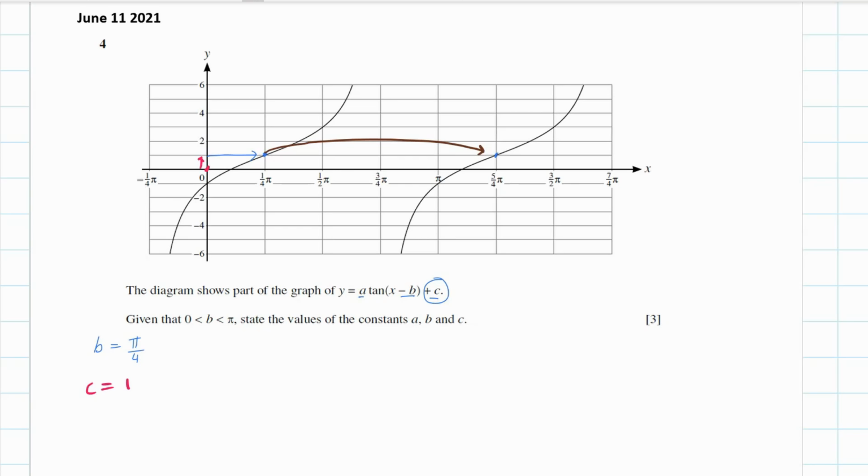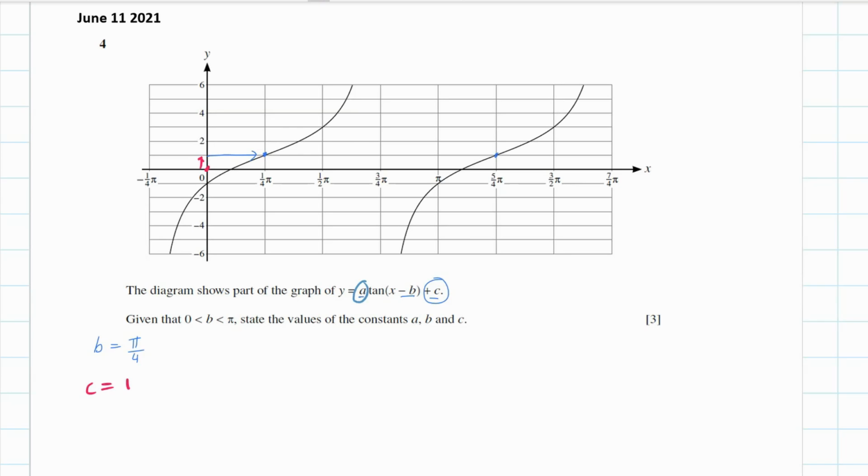Sorry, I'm getting confused here. So for A, this is a vertical stretch. So I'm not sure the easiest way of doing this.